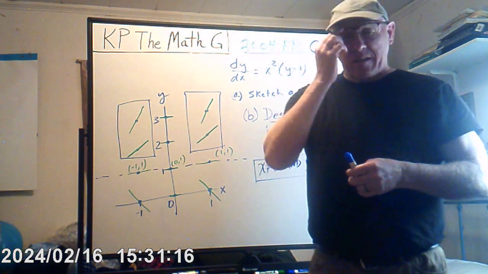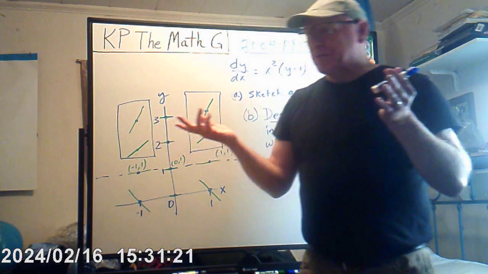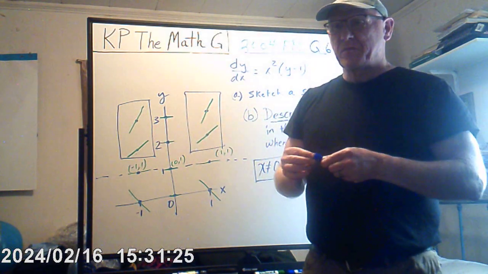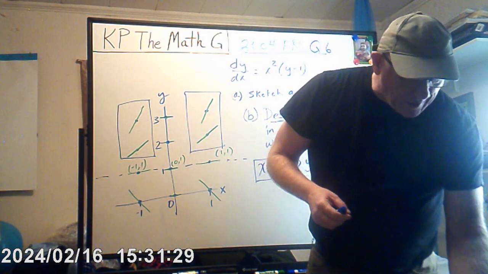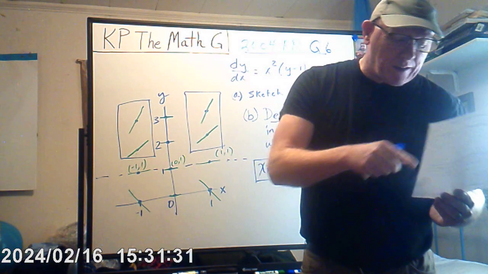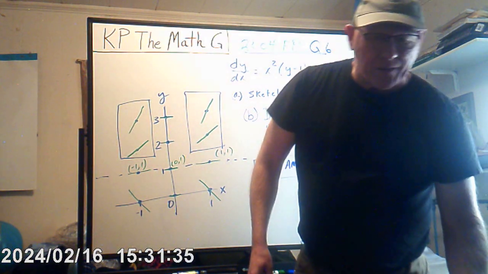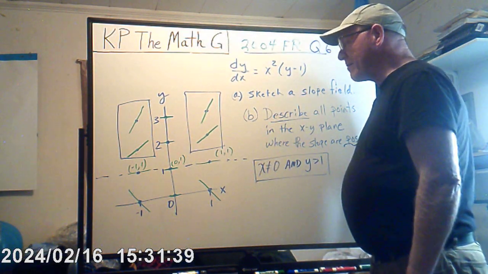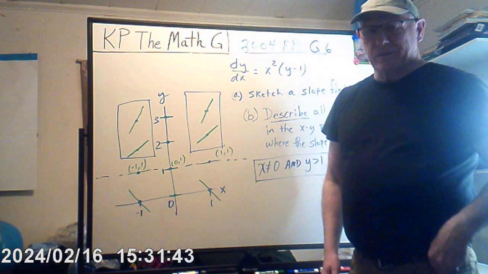An initial condition might be something like y at 0 equals 3. In this case, they're calling it F, so F at 0 is equal to 3. And we'll look at that, and then we'll see what the equation is going to be like. It's going to take a little time.